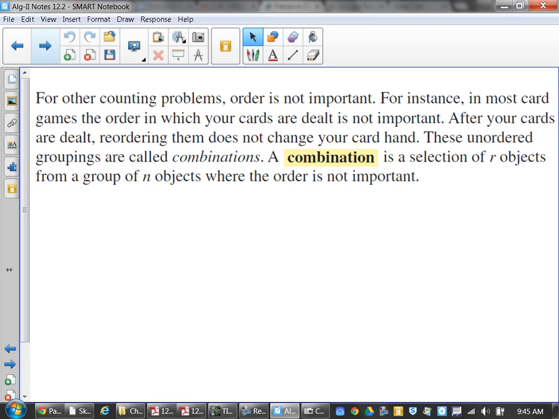Once again, the difference between what we talked about yesterday, permutations, and today, combinations: with permutations, the order in which you select things matters. For example, in baseball, the order in which you bat first, second, third is a pseudo permutation.